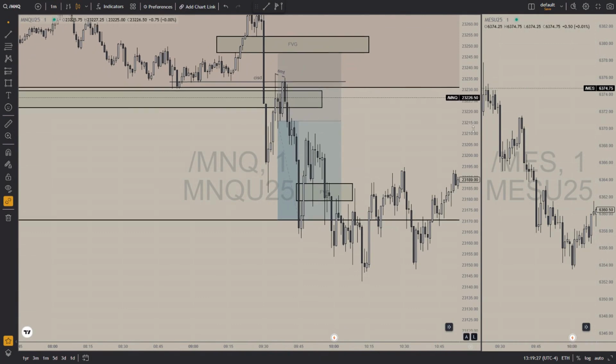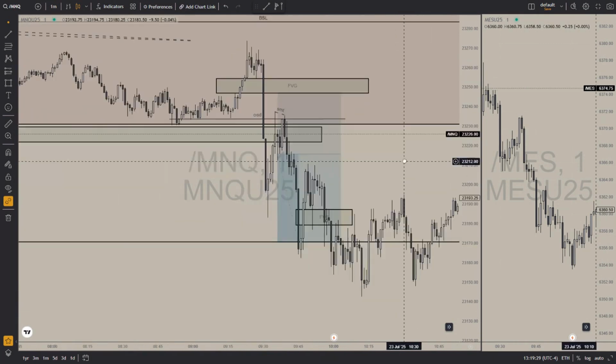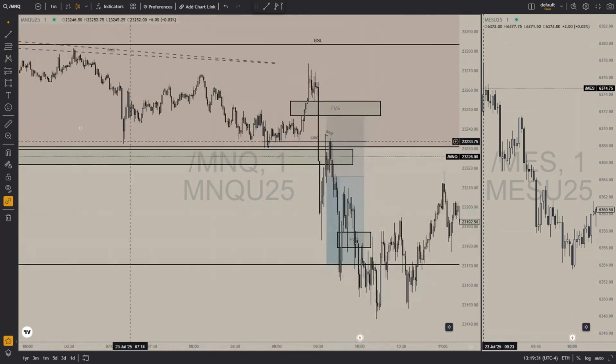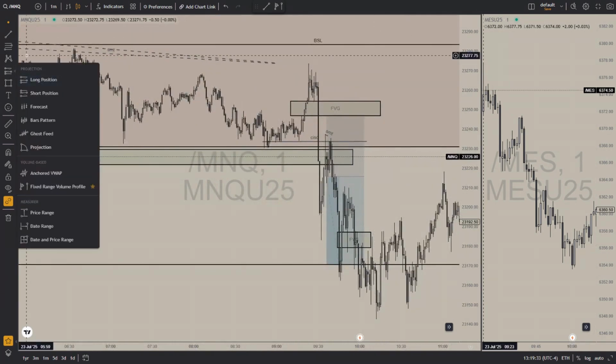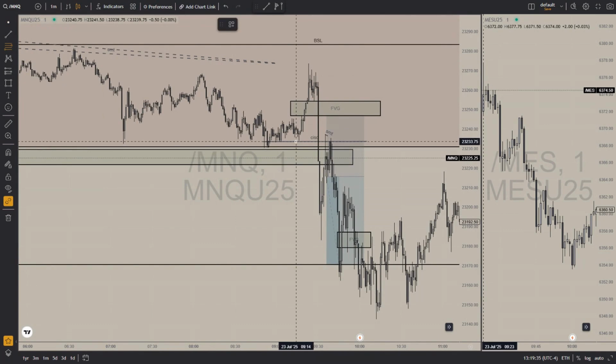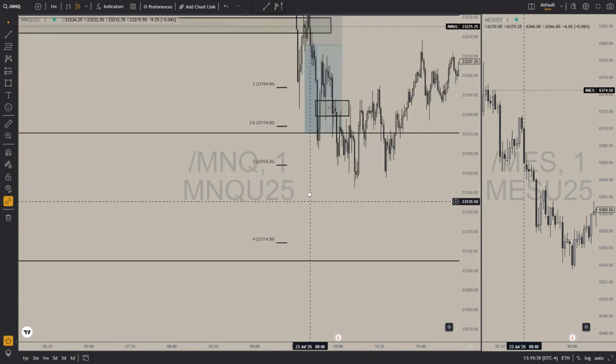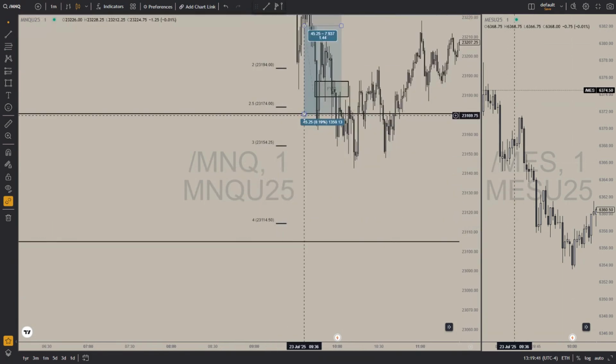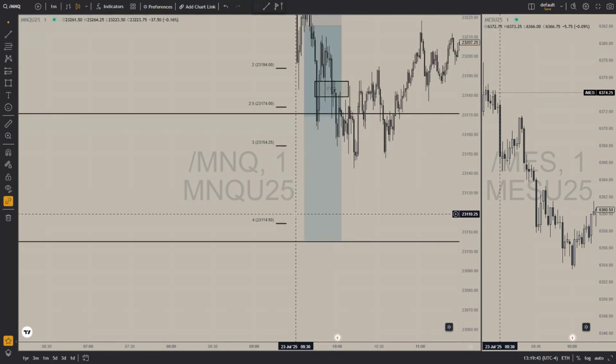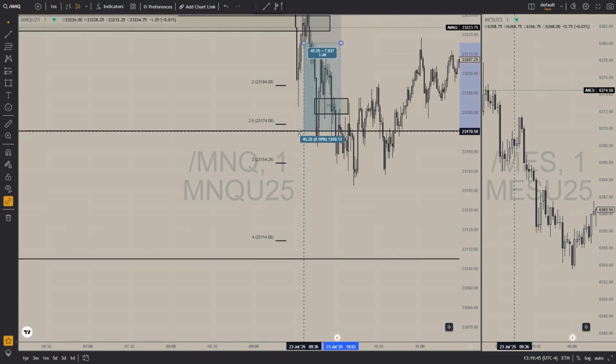I'm definitely experimenting with leaving a runner, especially to 4 standard deviation, because let's map it out. Four standard deviation all the way down here where my previous take profit was, to that external draw.